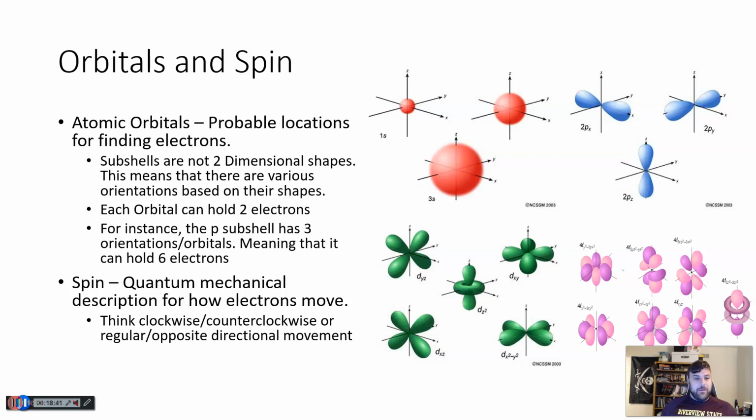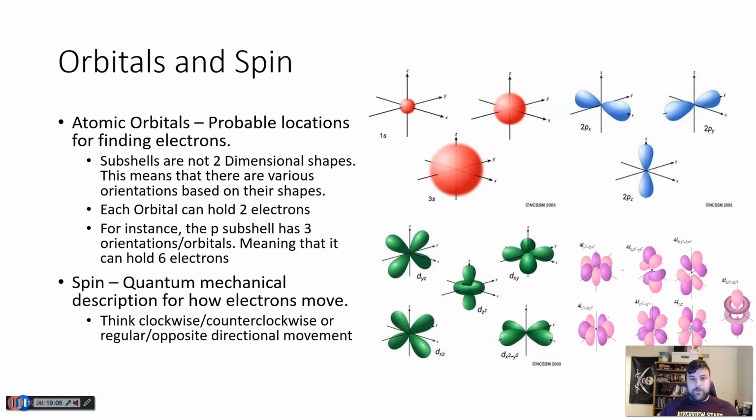To just give you an idea, spin is if you have an electron that's, let's say, moving clockwise, the other electron that it would be paired with would be moving counterclockwise. One is moving in one direction, the other is moving in the opposite direction.